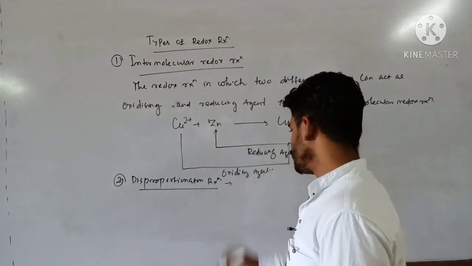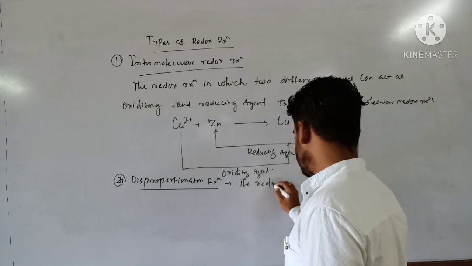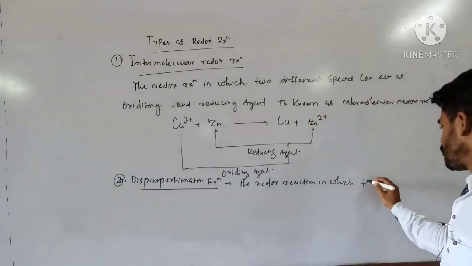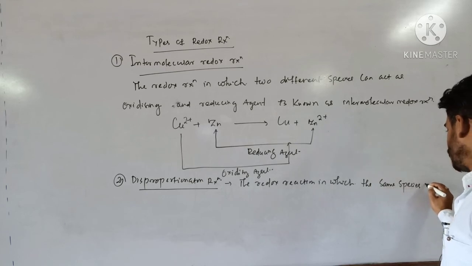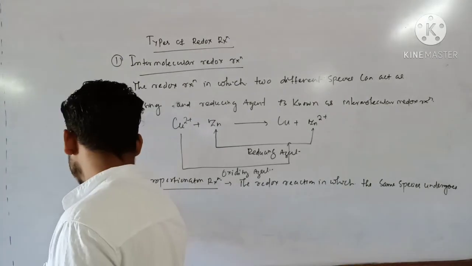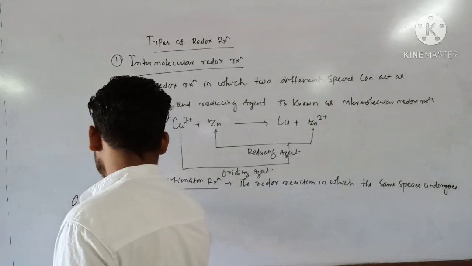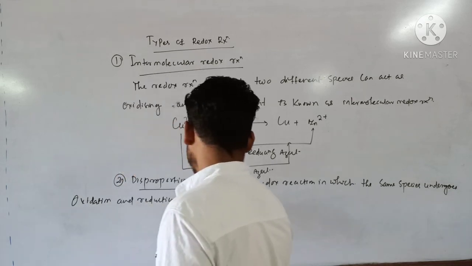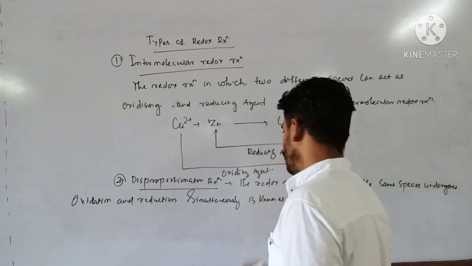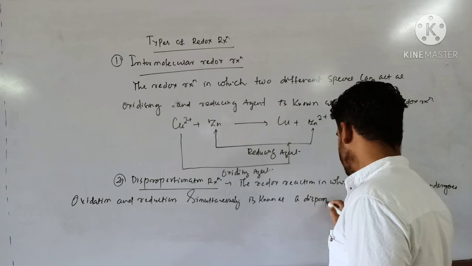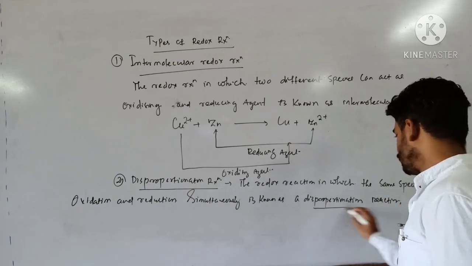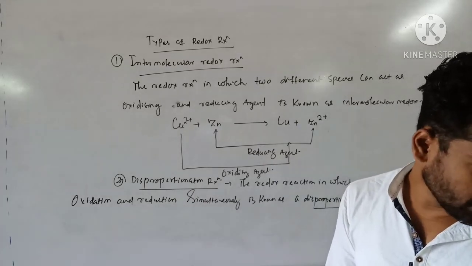Definition: the redox reaction in which the same species undergoes oxidation and reduction simultaneously is known as a disproportionation reaction. Clear?